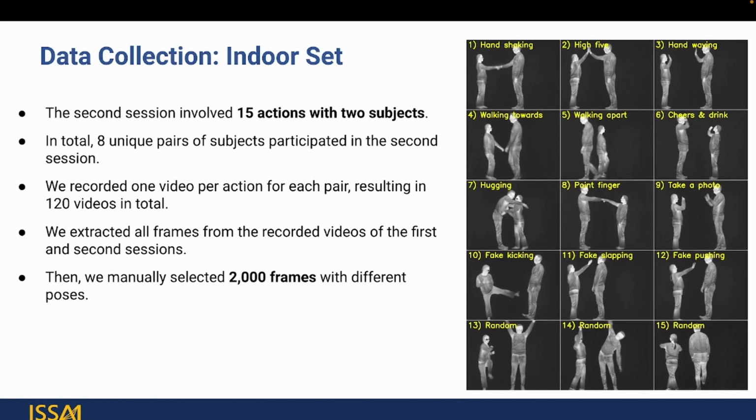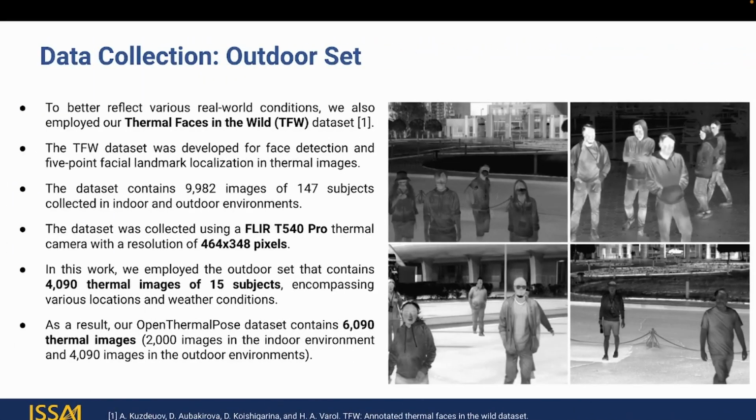The second session captured 15 different actions involving pairs of subjects, with 8 unique duos participating, resulting in 120 videos. From these sessions, we extracted and manually selected 2,000 frames showcasing a variety of poses. Additionally, we enriched the dataset with real-world variability. We integrated frames from our thermal faces dataset developed for facial detection and localization in thermal imagery.